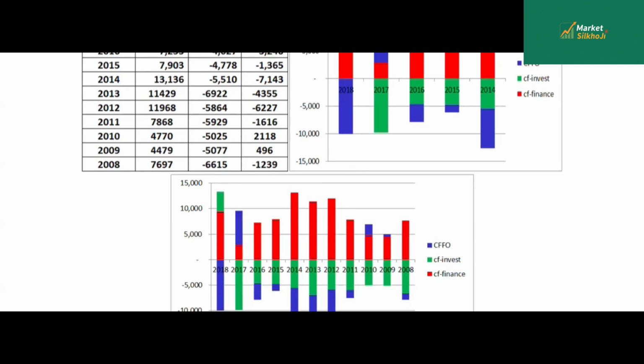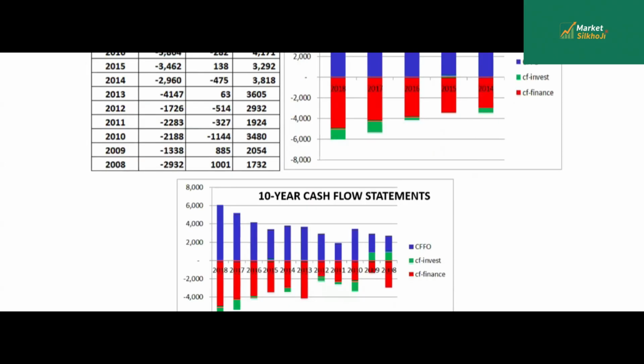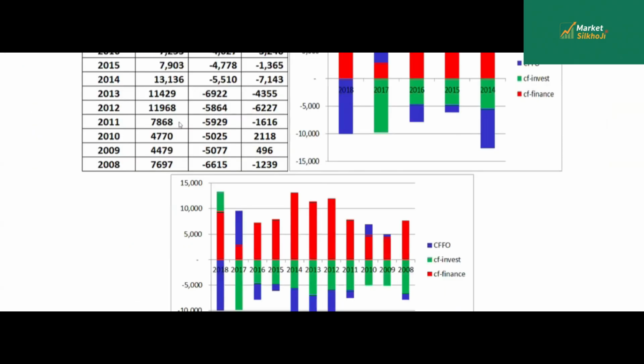So the ideal situation: this should be positive, these two should be negative, which was the case with the first company. All positive here, negative here. But this company 2, as you can see here, is the reverse. This company is borrowing a lot of money and utilizing some money for investments and running the business.